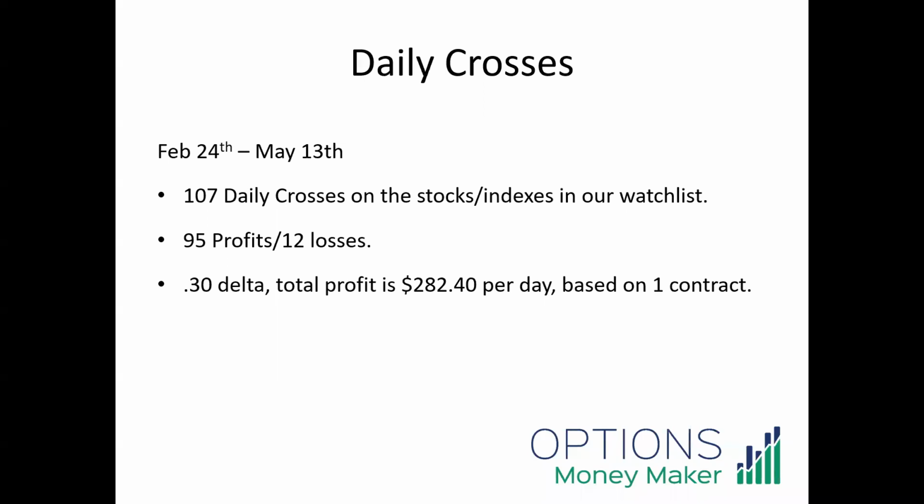And in addition to that, the stocks that we're tracking are Amazon, Booking, Google, Tesla, Shopify, and Aaron will tell me if I missed one. But there have been 107 daily crosses on those stocks and indexes in our watch list.